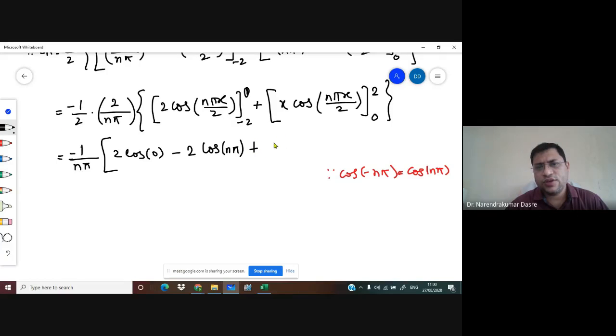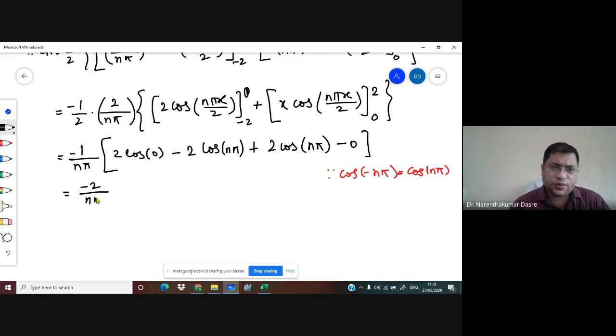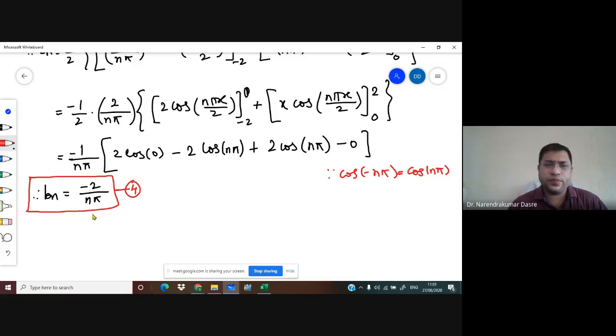Then plus, I'll be having 2 cos of n pi. And here we have minus 0. So this term will get cancelled with this term. We'll have only this term, and hence we'll have minus 2 upon n pi. So this is Bn. So we got the value of Bn at this equation 4.